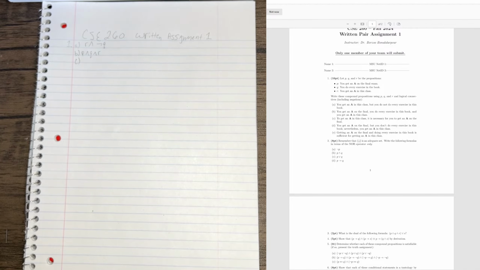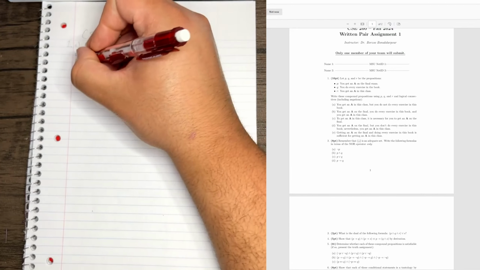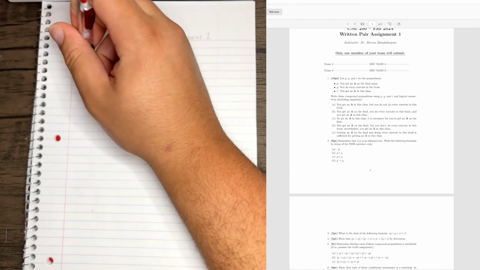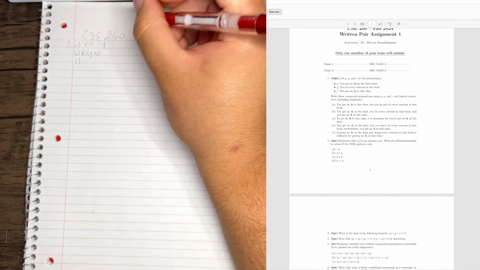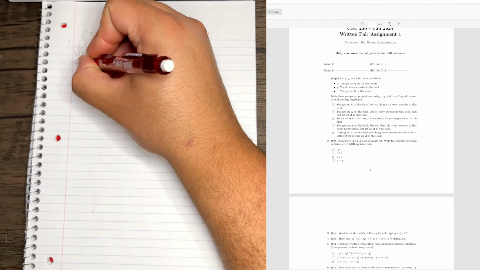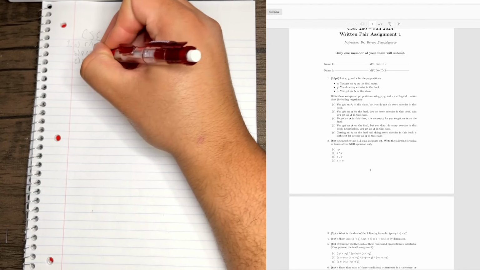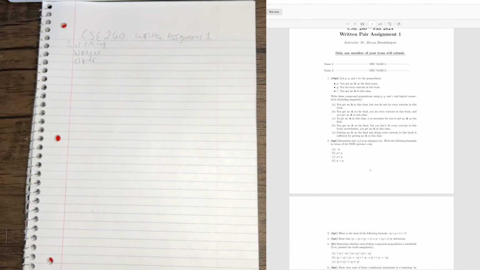This is something along the lines of if P then R. I think that's what we're doing right here. We're not doing that with words. P arrow R. Something along that.